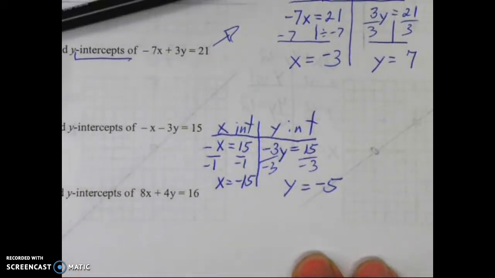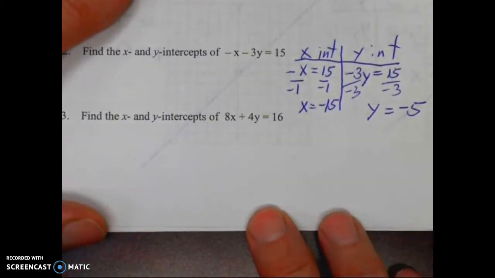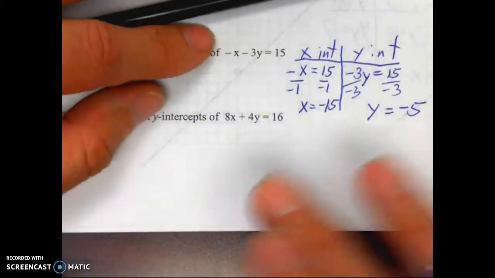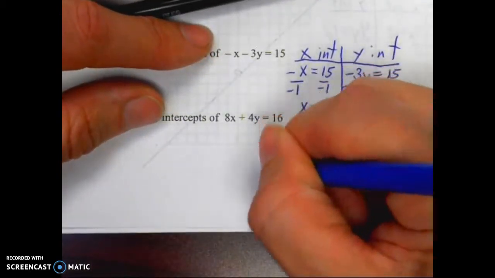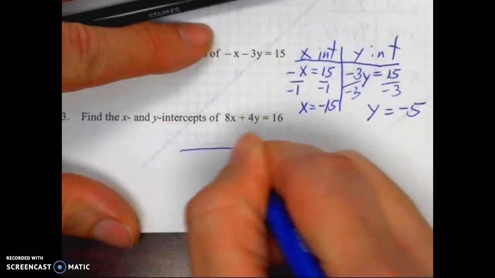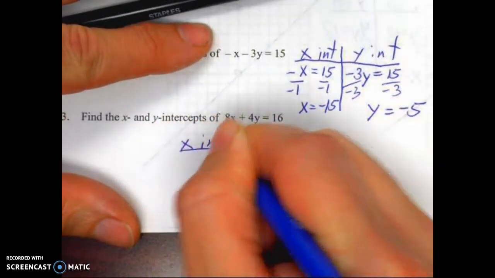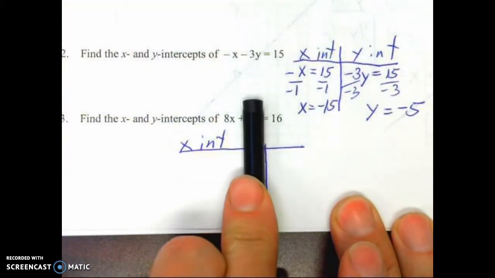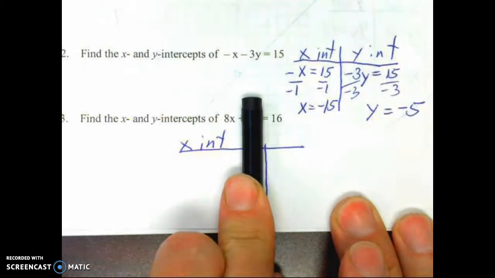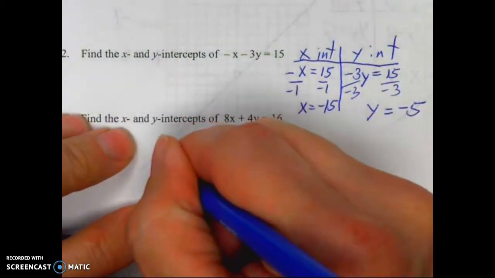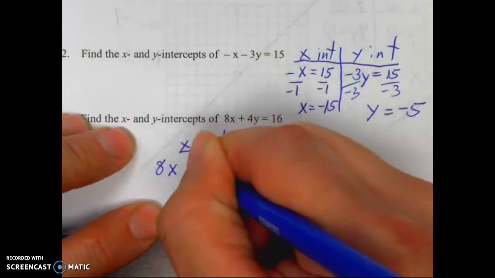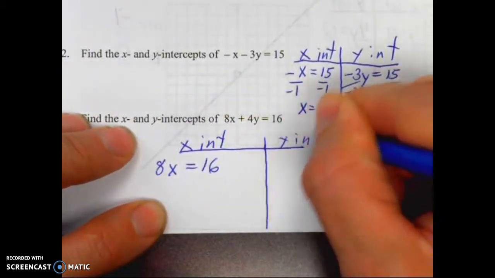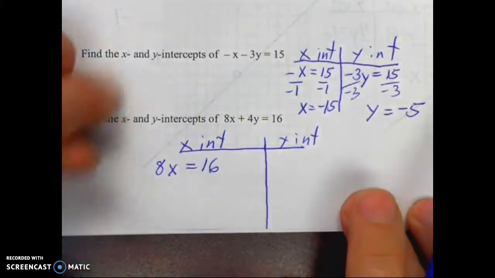And then our last one right down here is probably getting boring because it's getting so easy for my intelligent students. Again, I will still set us up. X-intercept. So I'm going to ditch the y. And I'm going to have 8x equals 16. On the y-intercept, I'm going to keep the y and ditch the x.